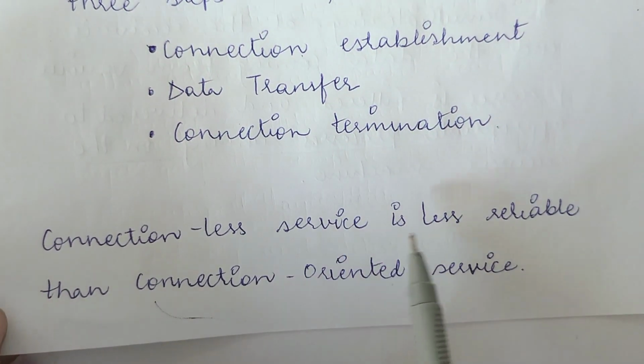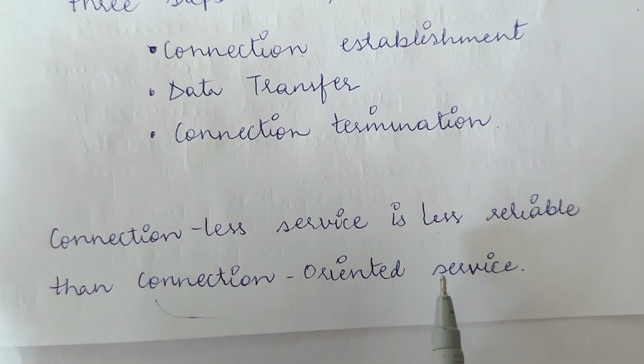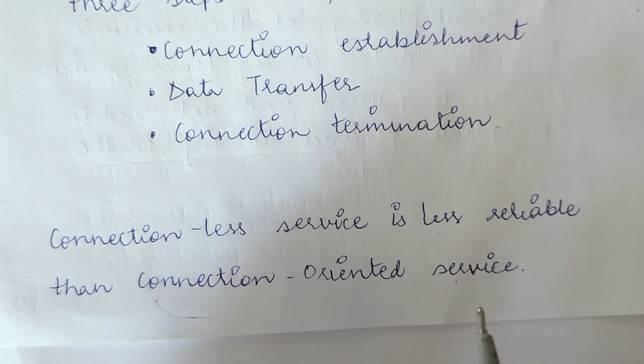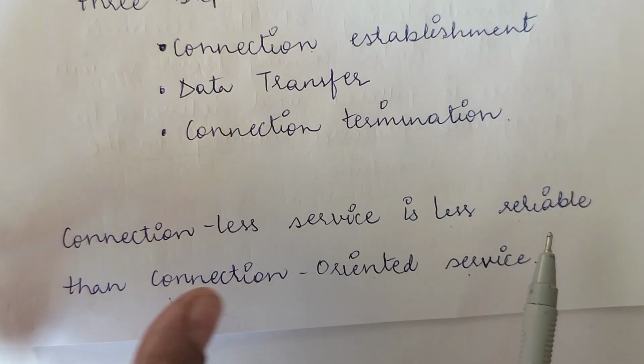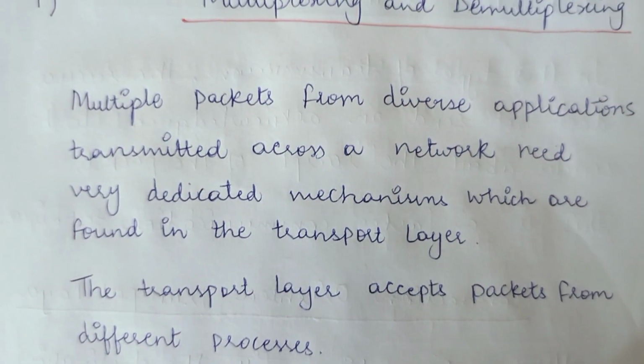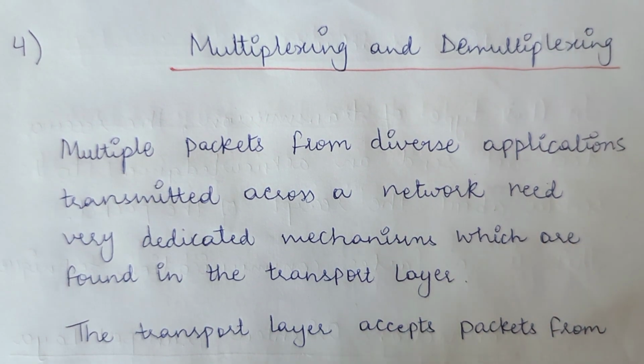The connectionless service is less reliable than the connection oriented service, for the obvious reason that connectionless service does not provide any acknowledgements, whereas the connection oriented services provide acknowledgements, so you know whether your data packet has been successfully received or not. And for a packet for which you do not receive the acknowledgement, you can retransmit it to ensure that at any cost the data reaches the destination.